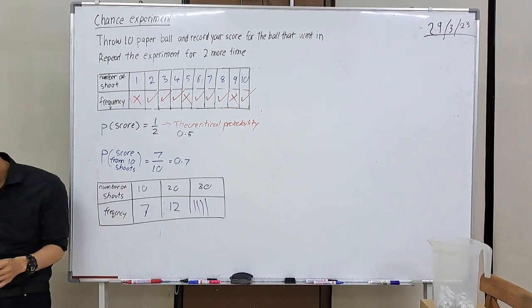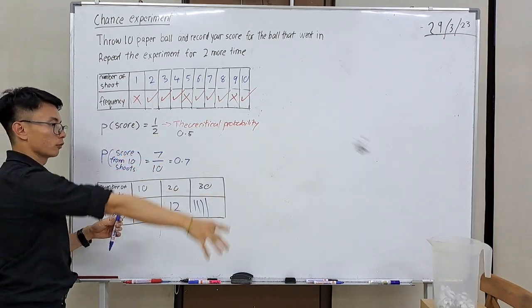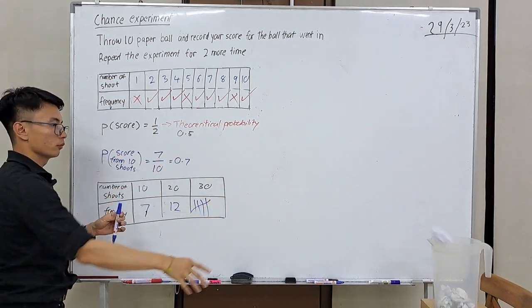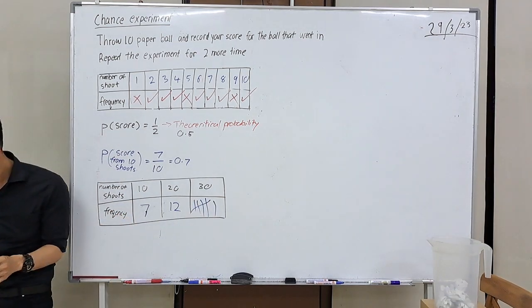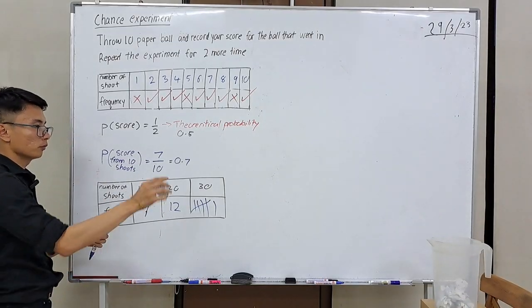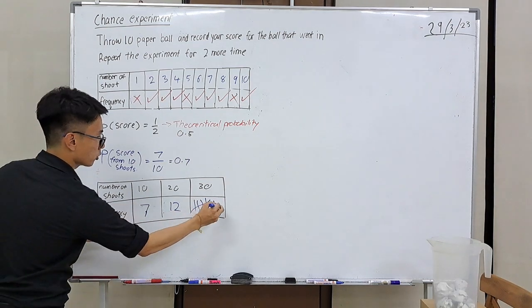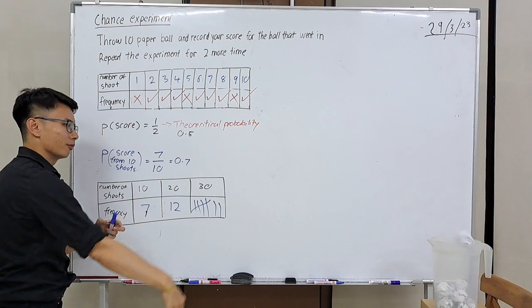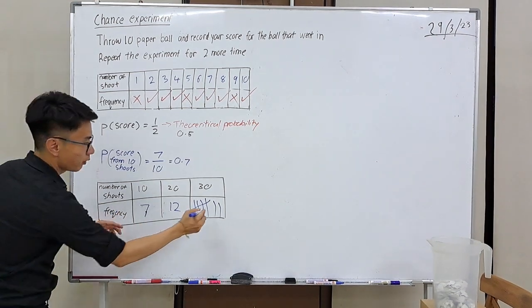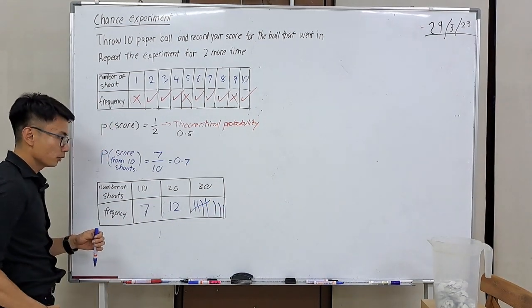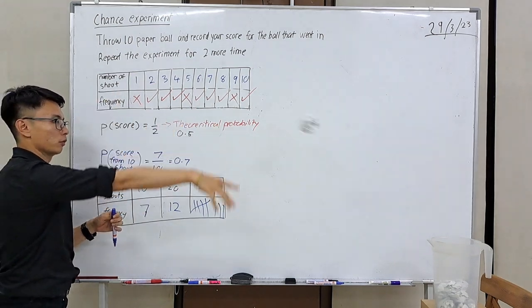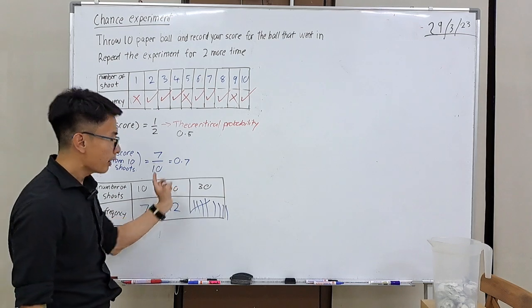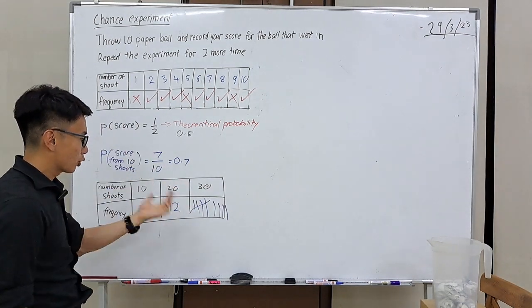Score. Score. Score. Score. Score. And last one. Score. Okay, so in my next 10 shots, I scored 9.